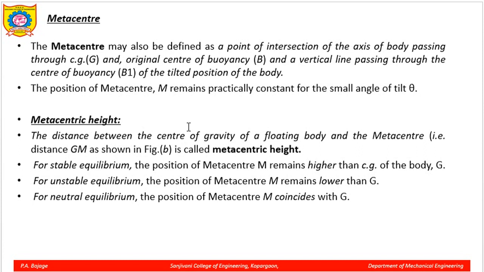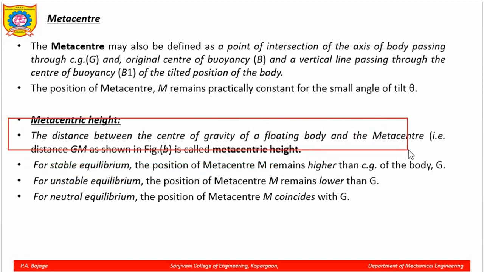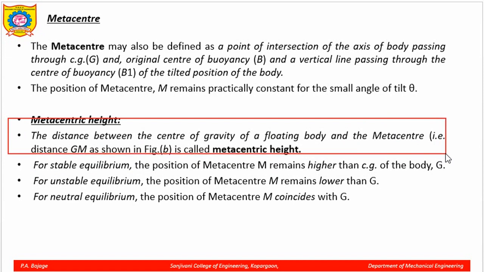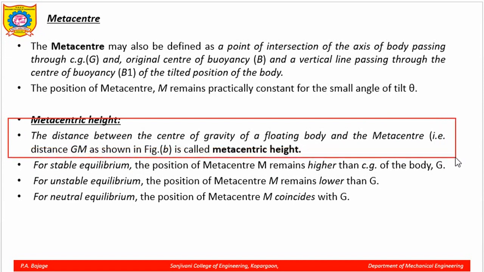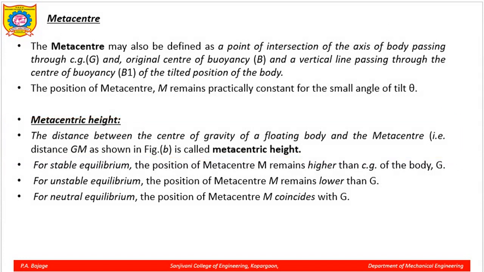Now what is metacentric height? Metacentric height is the distance between the center of gravity of a floating body and the metacenter, that is the distance GM.